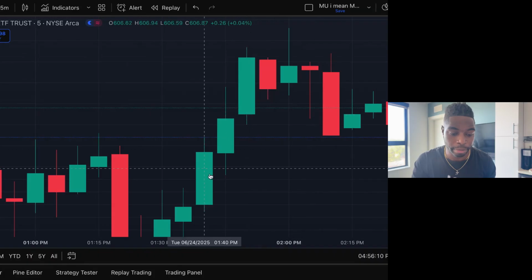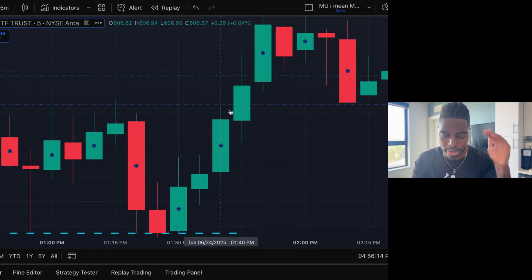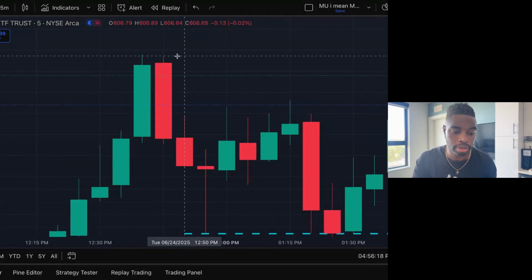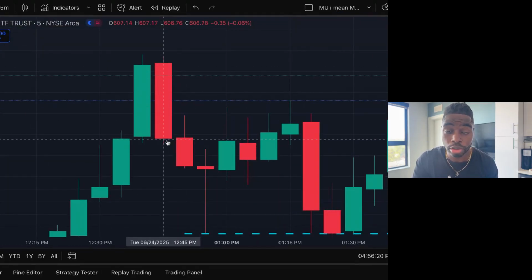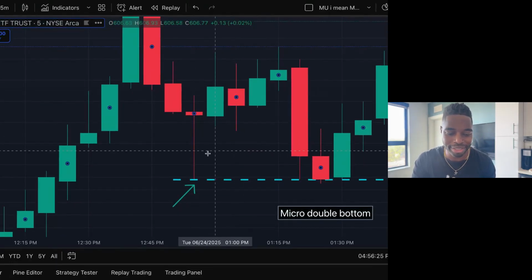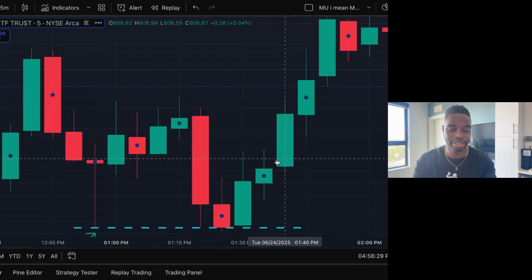If it's big green and close to its high, it's going to be pretty strong. For red bars, if it's closing close to its low, then it's pretty strong selling pressure. But if it's a red bar with a big bottom side wick, there's not a lot of selling pressure. That's something to keep in mind as well.